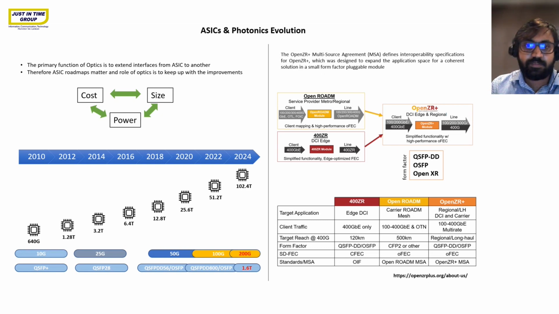So there are a lot of standards out there with different vendor participation. OpenZR Plus is one of them. This is an area that telcos should focus on, if they are evaluating optics for their transport network, and look at what kind of roadmap those vendors have.